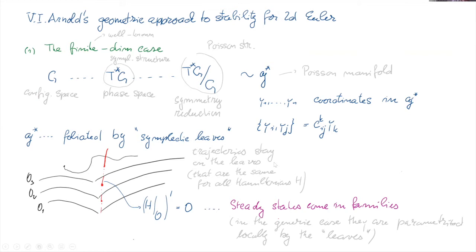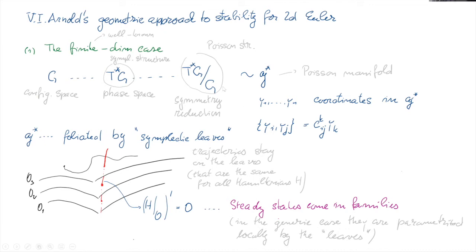And there is a very nice geometric method by Arnold which has been used for Euler stability, which is based on some geometric consideration concerning reduction of Hamiltonian systems.